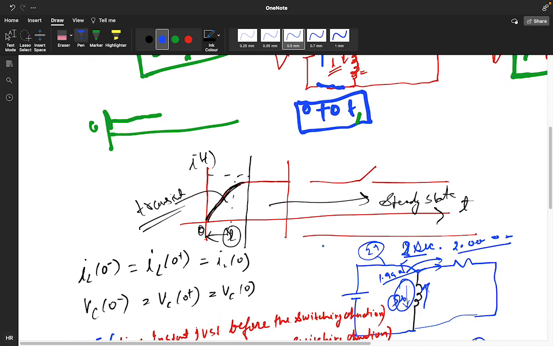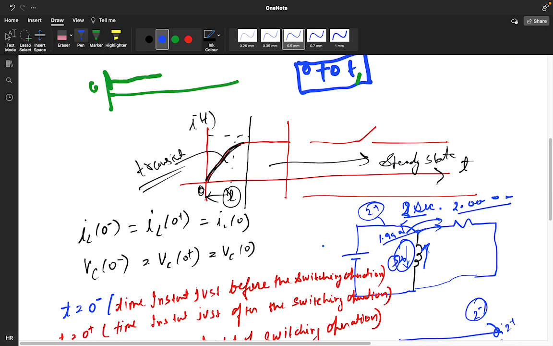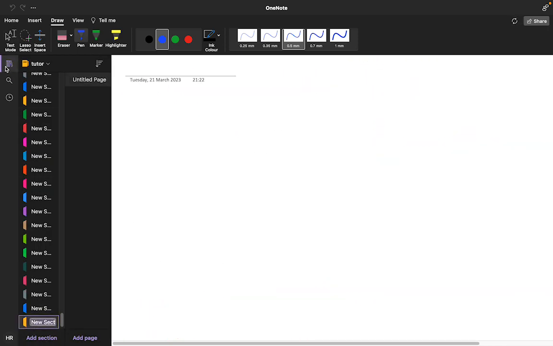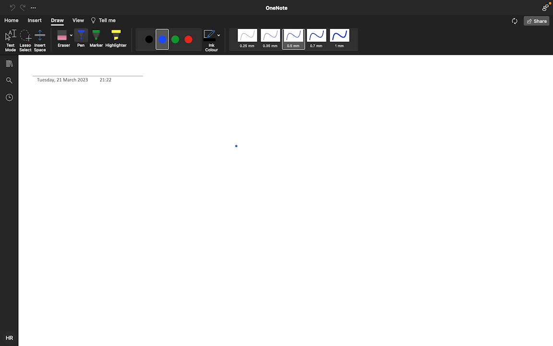Now you will understand from circuit analysis what the actual meaning of transient is. So suppose you have a source-free RL network.